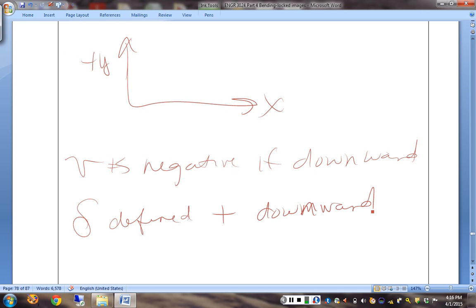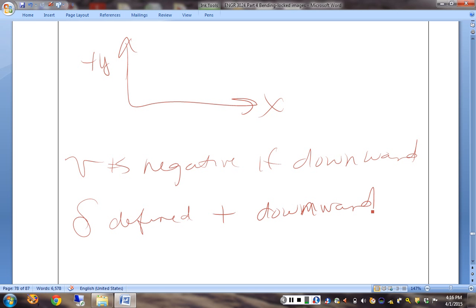Typically, if you see a lowercase v, that's going to go along with the convention that we've used. I'm just giving you a little warning sign that if you see deflection tabulated as a delta, typically that's going to be positive downward.